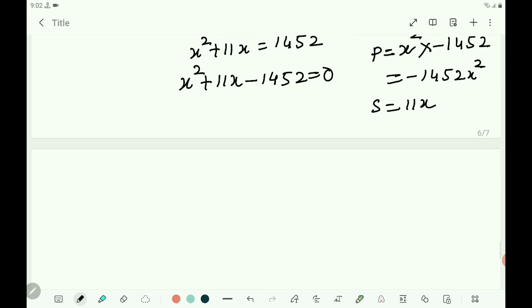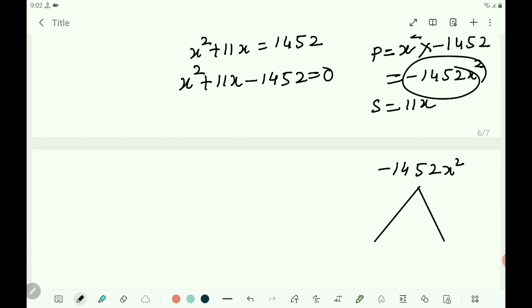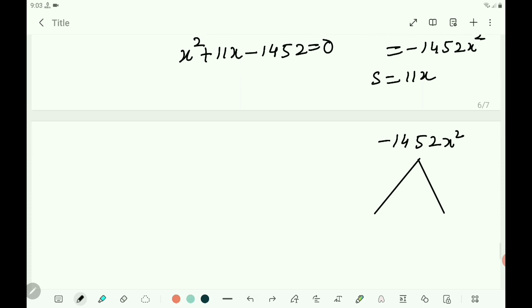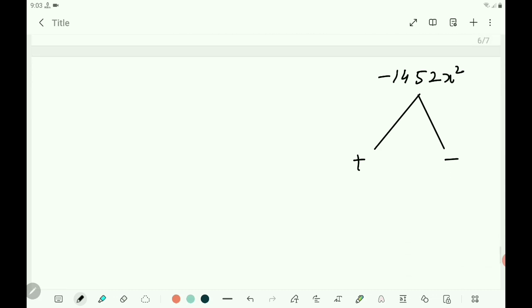As the product has a negative sign, we have to write different signs, and the greater factor has the sign of the middle term, that is the sum. So the factors have different signs, plus and minus.